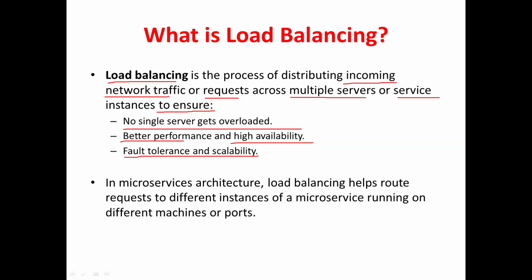In microservice architecture, load balancing helps route your request to different instances of a microservice running on different machines or port numbers, to handle incoming traffic and forward it to appropriate instances of your application. That is about the load balancer.